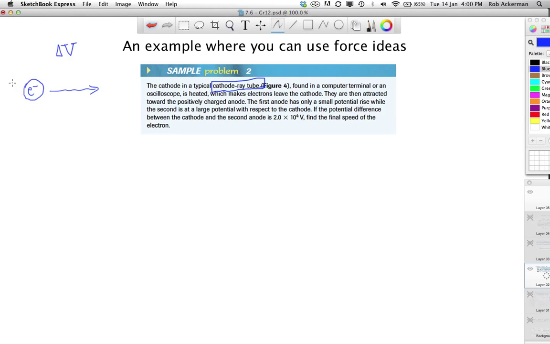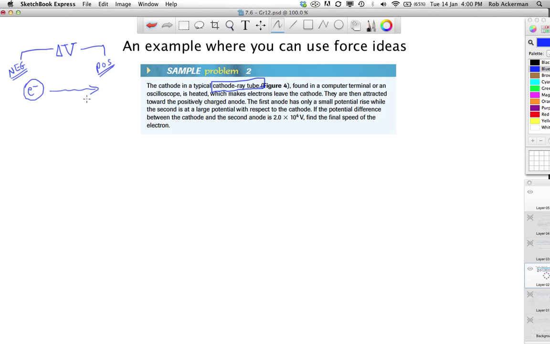So if we make this end of the apparatus negatively charged and this end positively charged, with the potential difference delta V, we may accomplish this by connecting a power supply, and then the electrons will be accelerated to the other side.